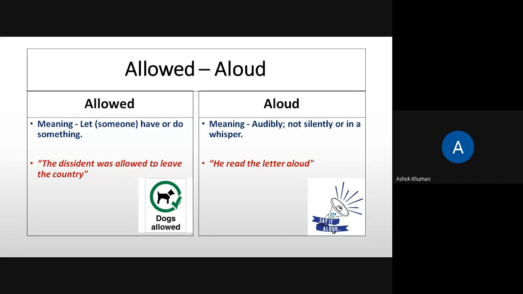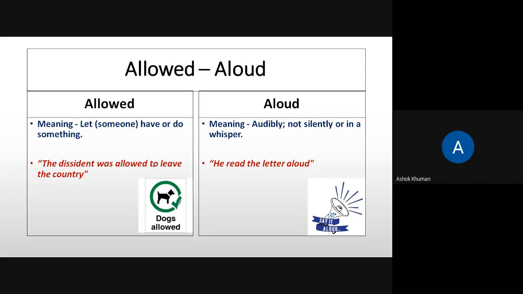So that is called a dissident. A dissident is always in opposition to the ruling government. So what is the sentence? The dissident was allowed to leave the country. If you don't like to stay in the country, means you are not in favor of the ruling government. Better you exile, go out of the country, move somewhere else. So he was allowed to leave the country.